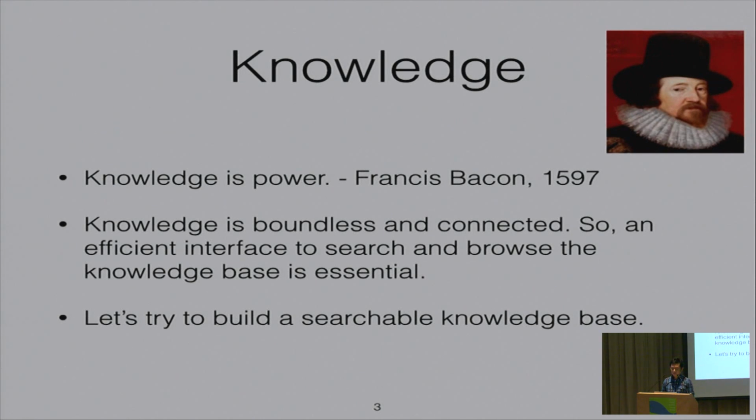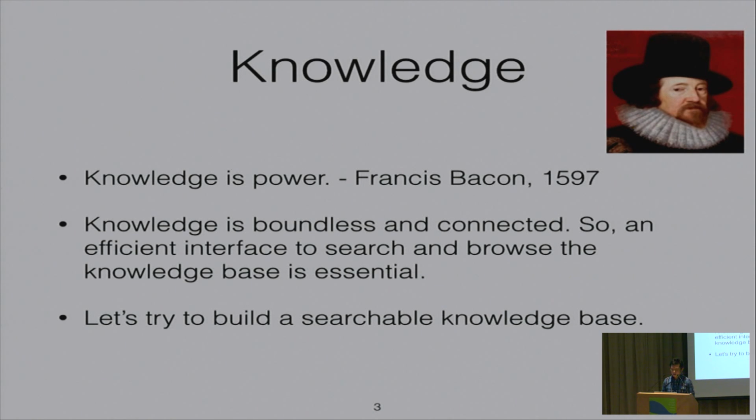Francis Bacon said knowledge is power. It's important that if we can easily access knowledge, we can learn more and it will benefit our life. But knowledge is boundless, it is anywhere, so it will be difficult to browse if we don't have an efficient interface to search.